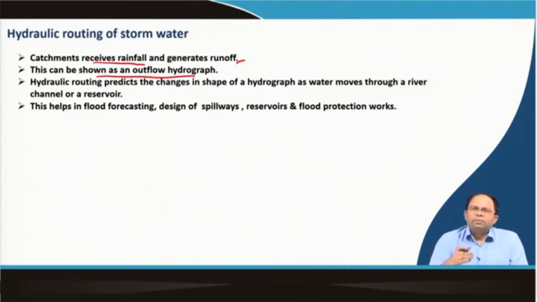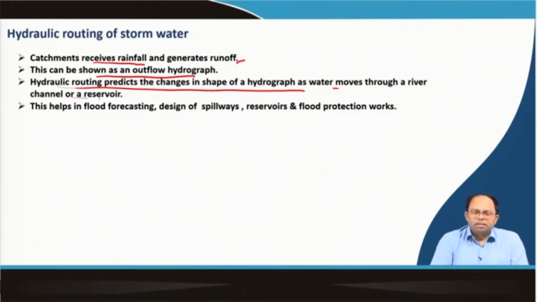We have discussed unit hydrographs, and we can combine multiple unit hydrographs into a hydrograph for a particular channel section. So, this runoff for a particular area can be shown as a hydrograph, and hydraulic routing predicts the shape of the hydrograph as water moves through a channel or a reservoir.